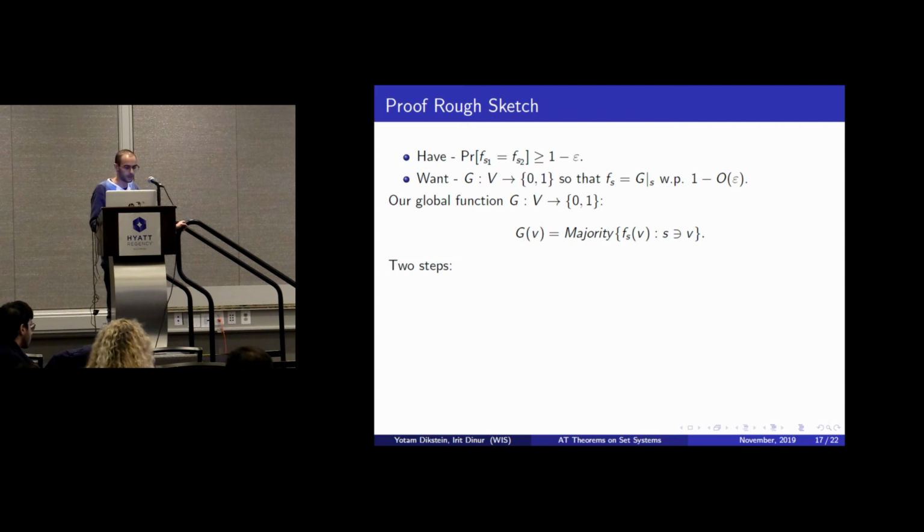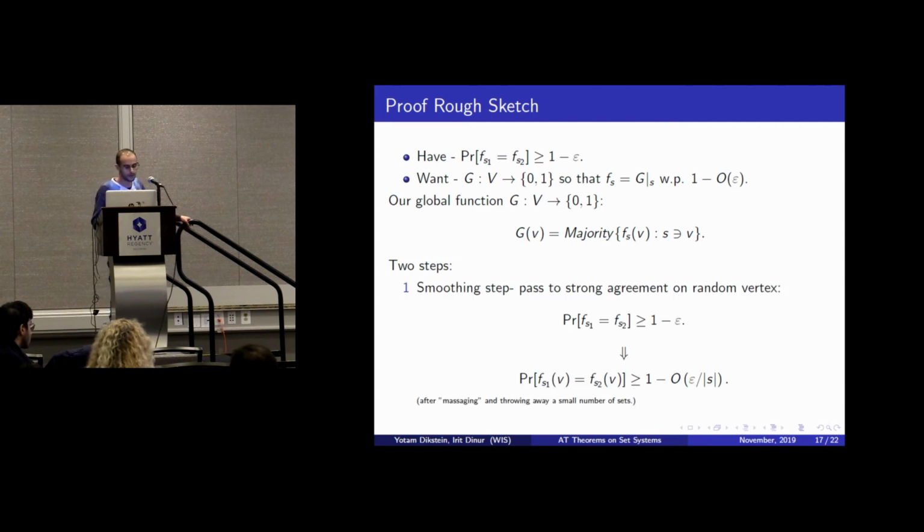So how will I prove this? A first step, I like to call it a smoothing step, or maybe a decomposition step, where I pass from a statement about agreement with probability 1 minus epsilon on the whole intersection between a set, to a statement which gives us very, very strong agreement, 1 minus O of epsilon over the size of the set S, which should be thought of as much smaller than 1 minus epsilon.